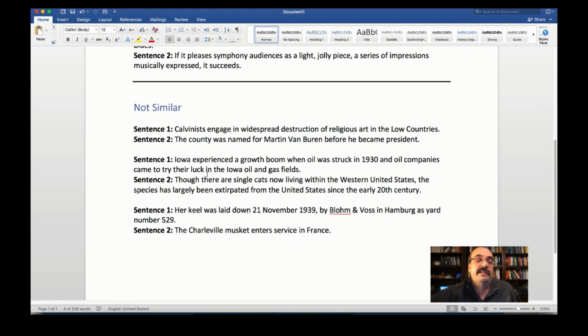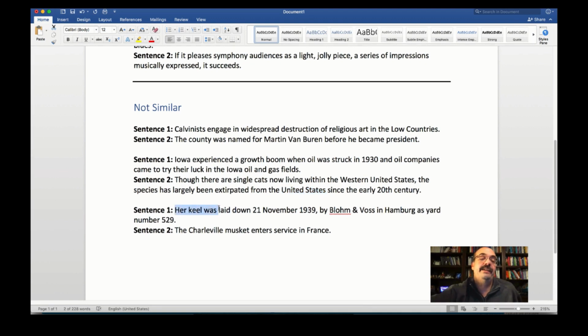Oil companies came to try their luck in the Iowa. Okay. That's talking about the history of the state of Iowa. This one's talking about cats. So, though there are now single cats living within the United States country, the species is largely being expatriated from the United States. So you'd have to be careful. In some of these hierarchical things, it would say Iowa is a U.S. state. Oh, we're talking about the United States. But no, those are completely dissimilar.